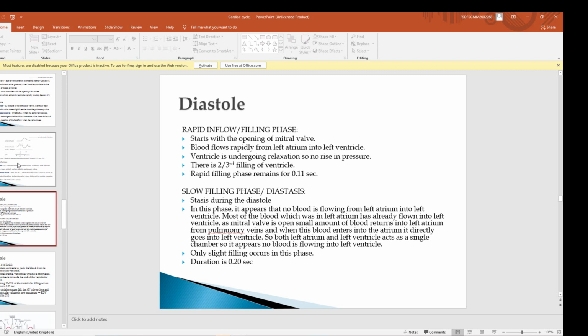So both the left atrium and left ventricle act as a single chamber. So it appears no blood is flowing into the left ventricle. Just slight filling is occurring in this phase and the duration is about 0.20 seconds only.